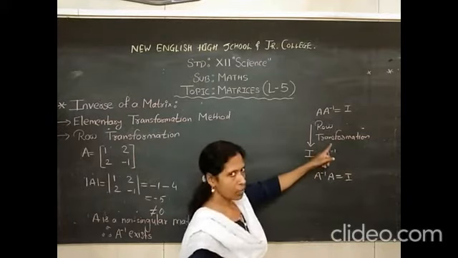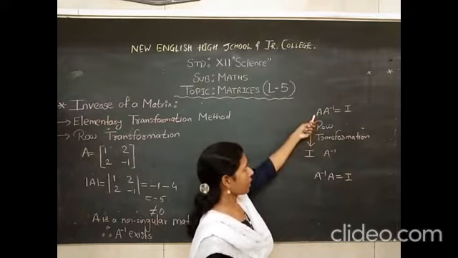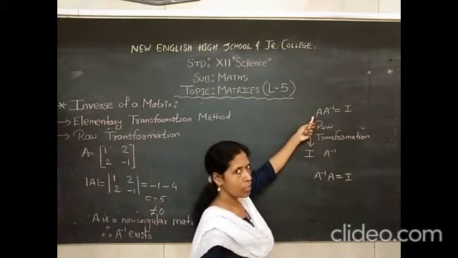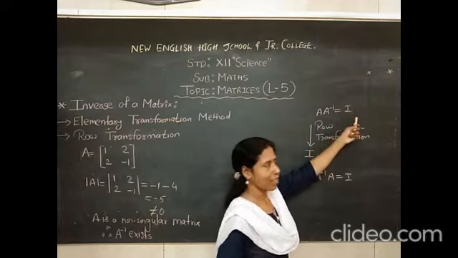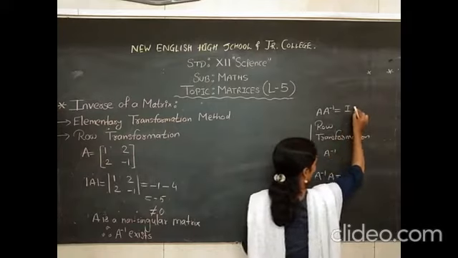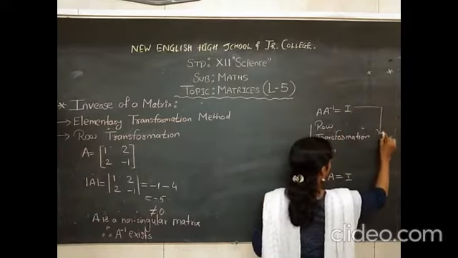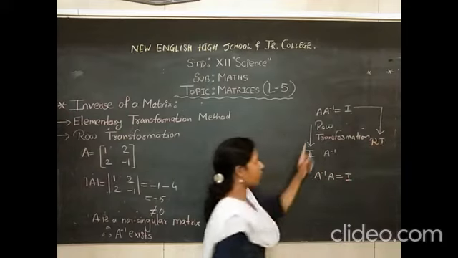In this transformation, we are applying row transformation to matrix A. The same row transformation we will apply to the other matrix, that is the identity matrix, on the other side of the equal sign. I am writing RT over here for row transformation.